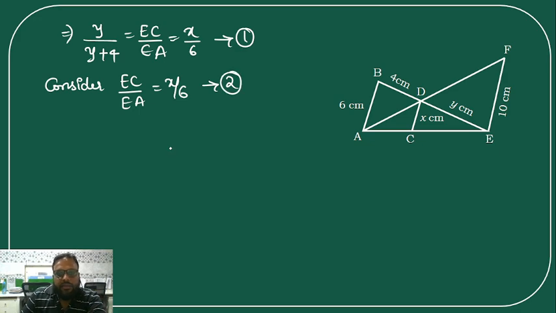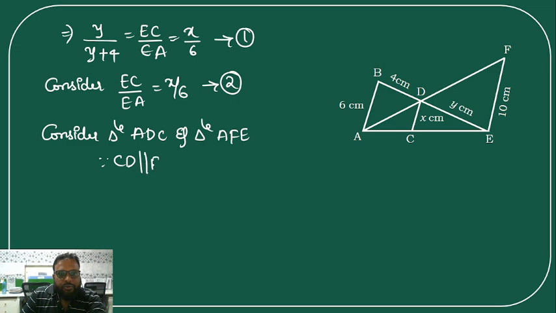Now I will consider the second pair of triangles as we discussed, ADC and AFE. Consider triangle ADC and triangle AFE. In these two triangles, in the same way, since CD is parallel to FE, angle ADC and this angle become corresponding angles.